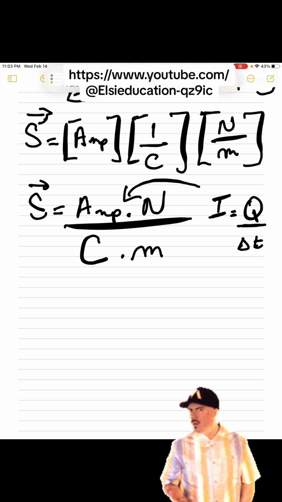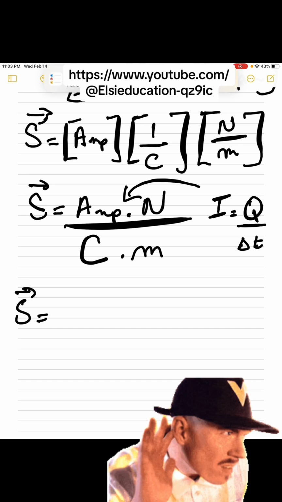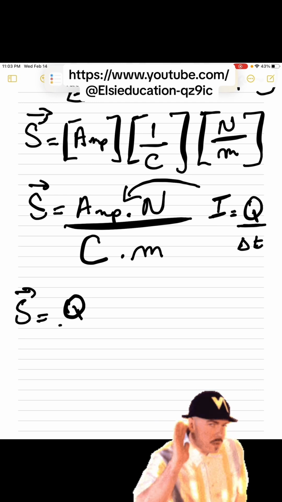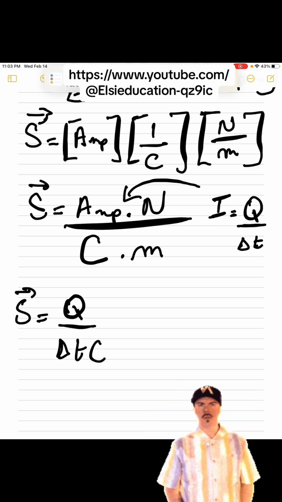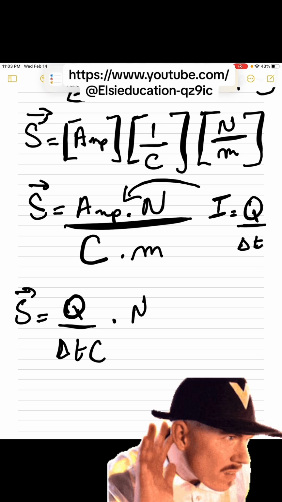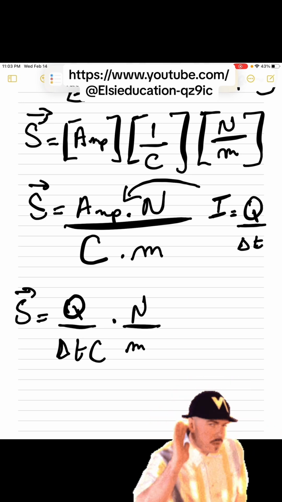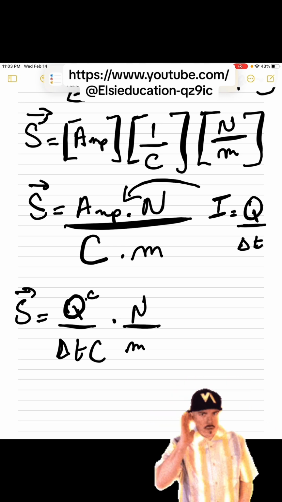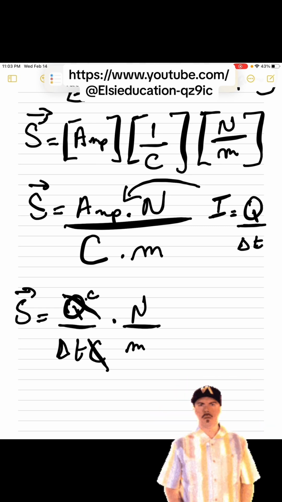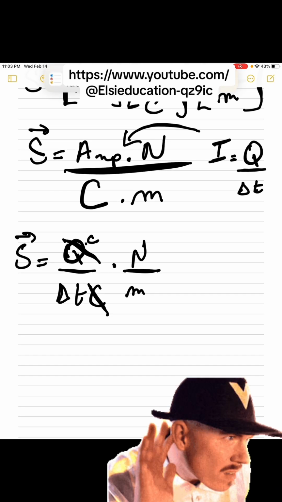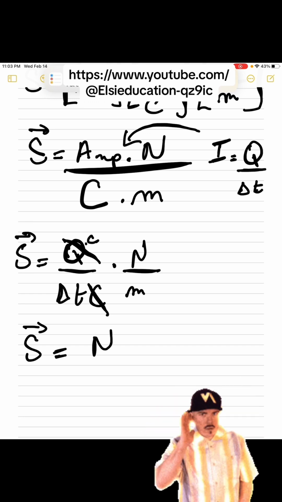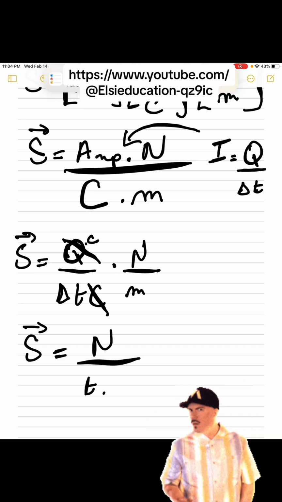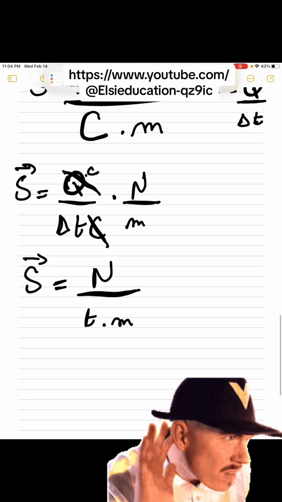If you write it down like this, the vector is equal to charge divided by time, divided by Coulomb, multiplied by Newton divided by meter. The charge here is in Coulomb, so both of these cancel out. What we have is the Poynting vector equal to Newton divided by time multiplied by meter.